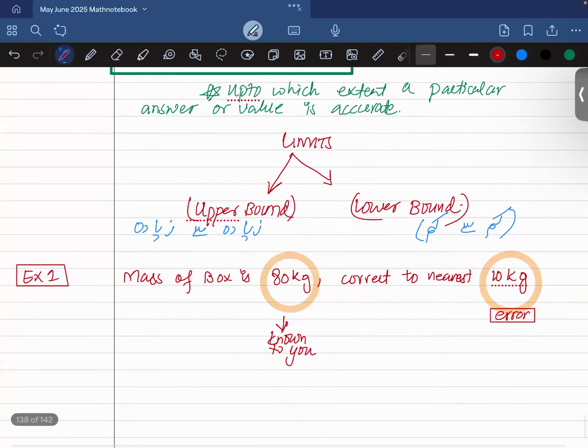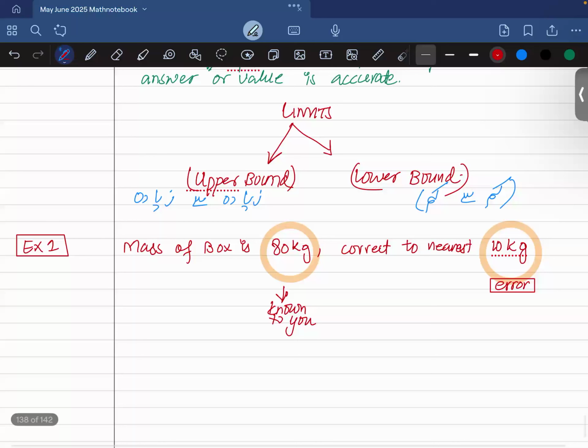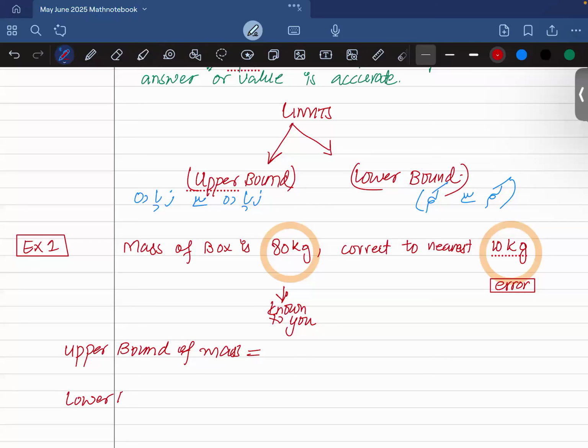So what do we do in upper bound and lower bound? Upper bound of mass, and the second thing is the lower bound of mass. Agree, Ramin? Yes, sir. Now you can see that the error is 10 kg. So you divide the error by 2.